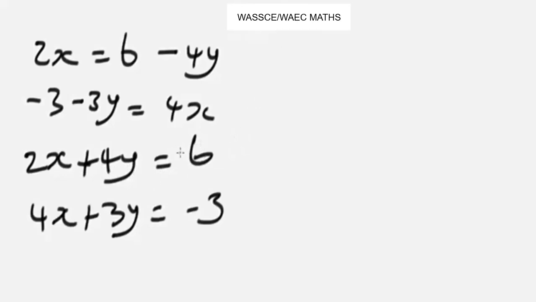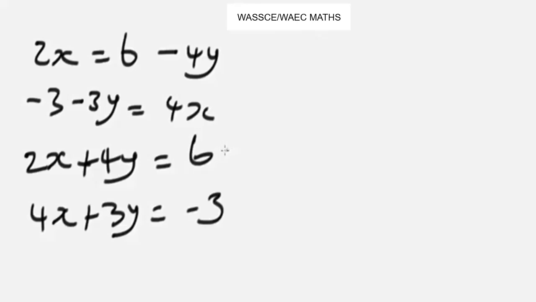In the elimination method, we are basically trying to eliminate one variable and use the output of the other variable to get the one we eliminated. To eliminate a variable here, we need to get one of the terms to be equal.